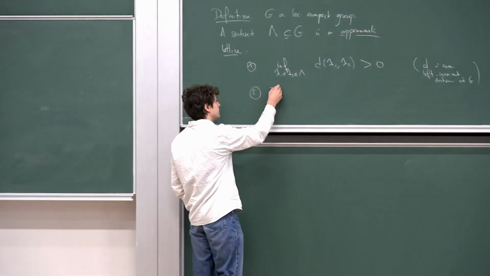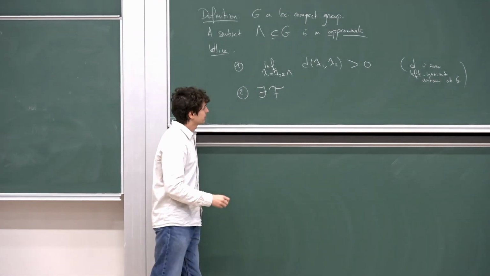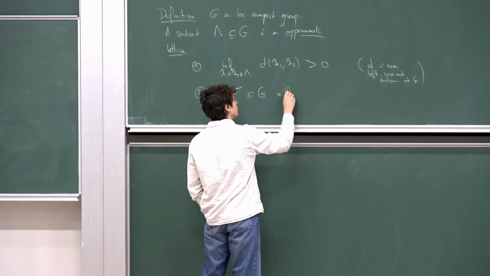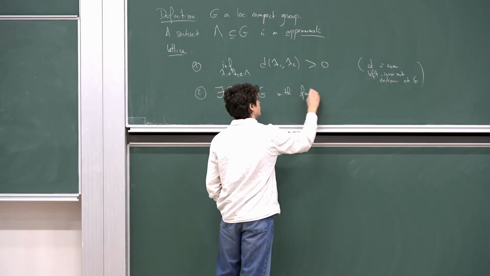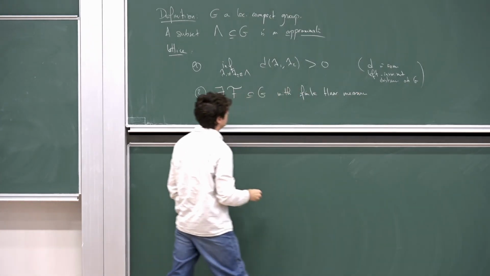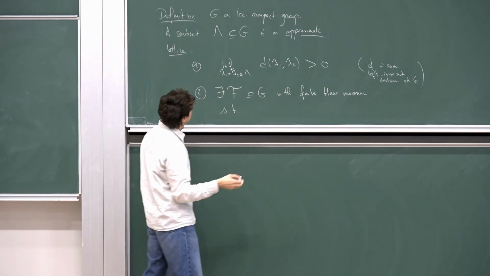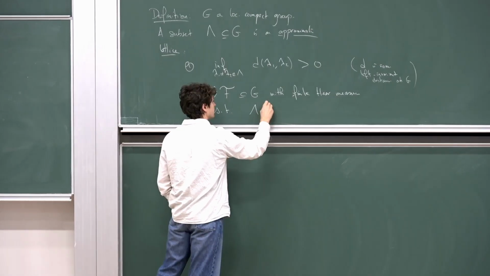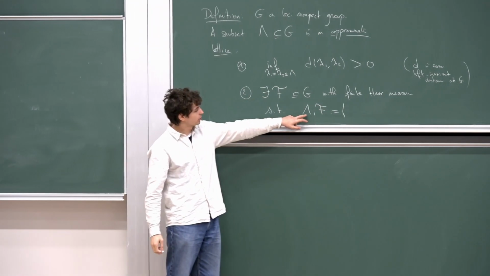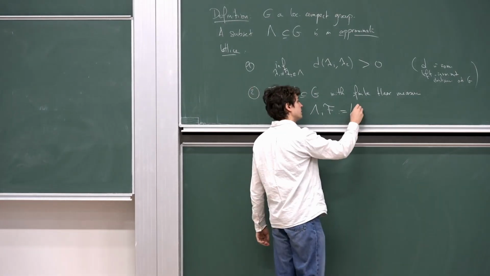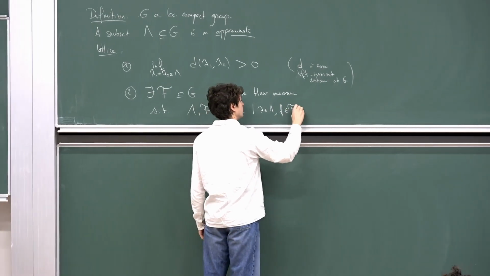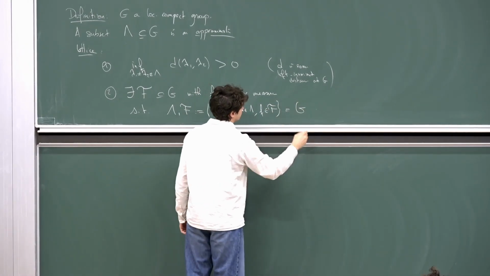It's simply that there exists some set F in G with finite Haar measure such that lambda times F, which is simply the set of all products of one element of lambda and one element of F, is equal to the whole group.